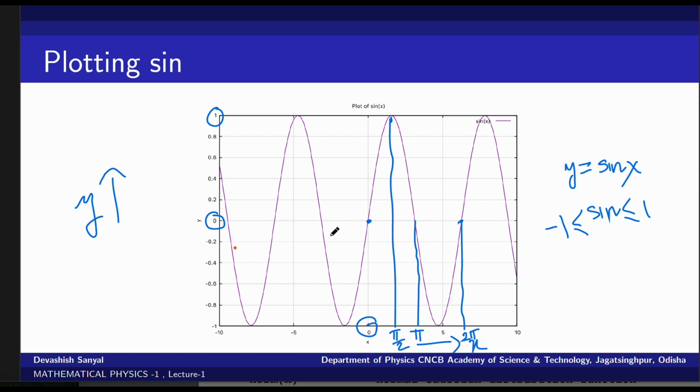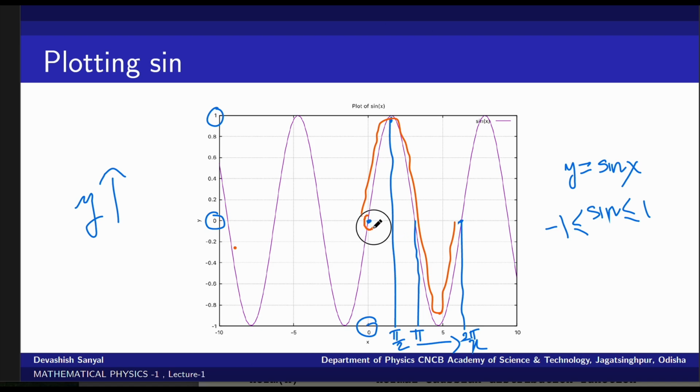It goes up, comes down, reaches 0, goes to -1 and again goes up and reaches 0. This is called one cycle.